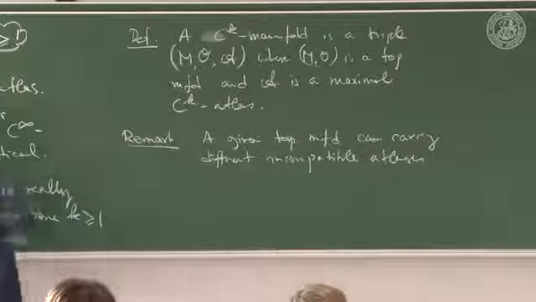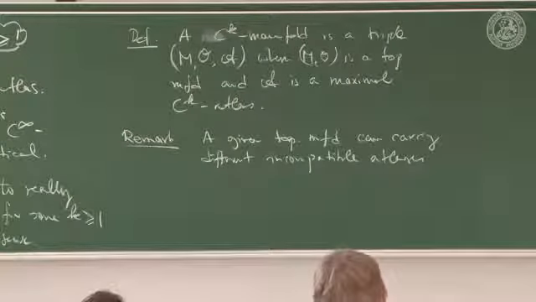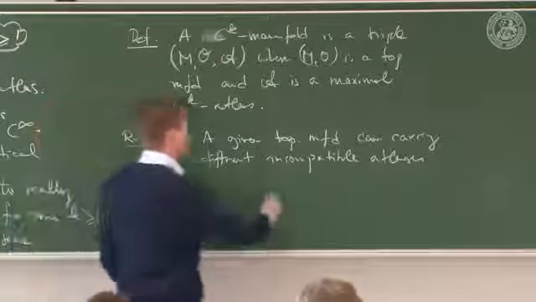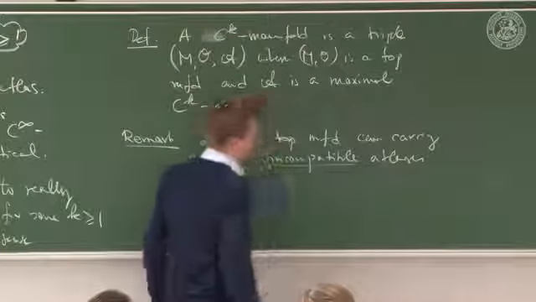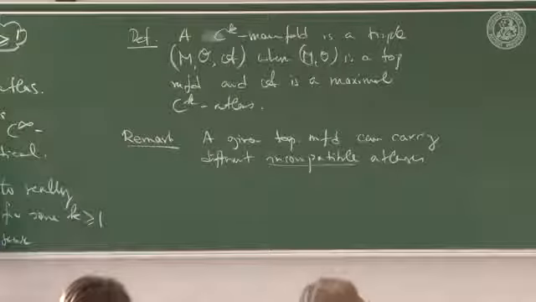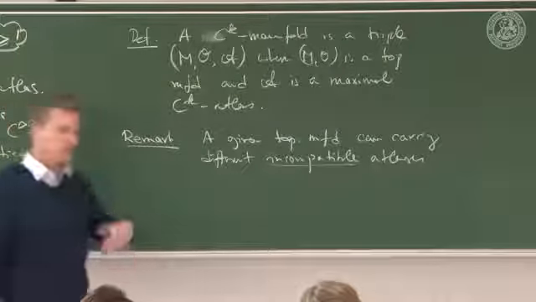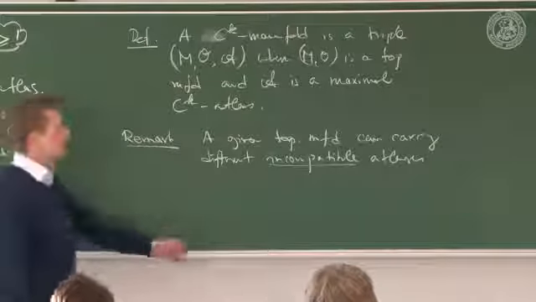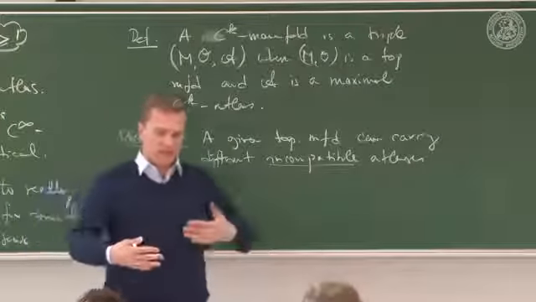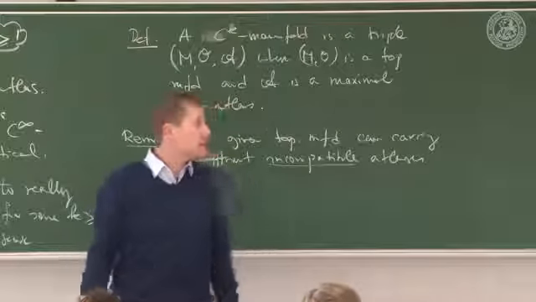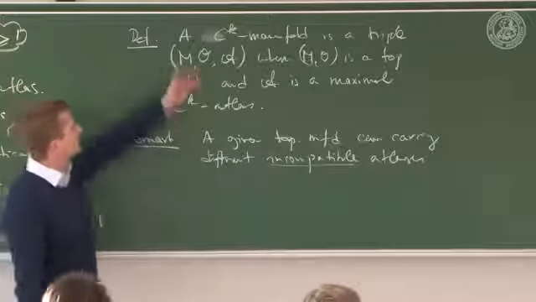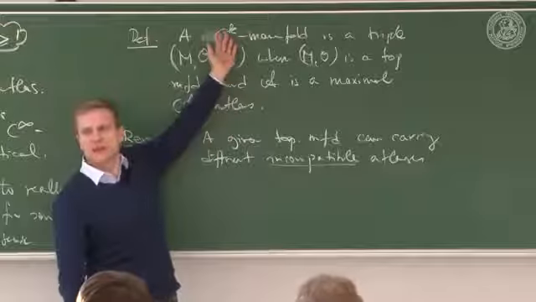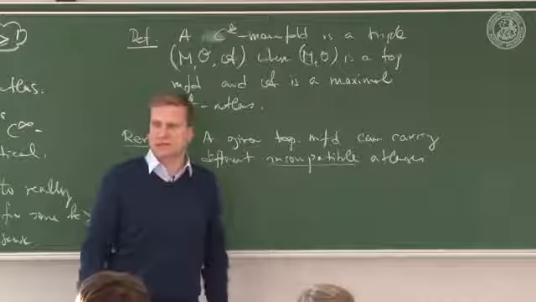Now, I only define compatibility of charts, but it's pretty clear what I mean by an incompatible atlas. Well, technically, two atlases are compatible if their union is again an atlas of the same type. Or you could say you take two atlases, and if between any two maps between these atlases, you can have compatible maps of the compatibility type C^k, then the atlases are compatible.